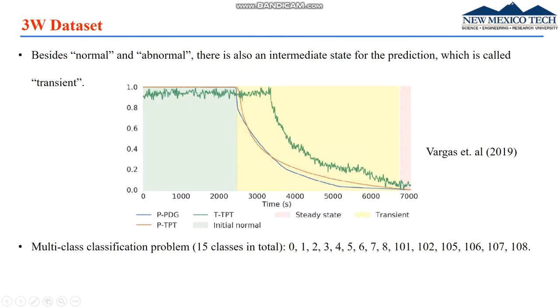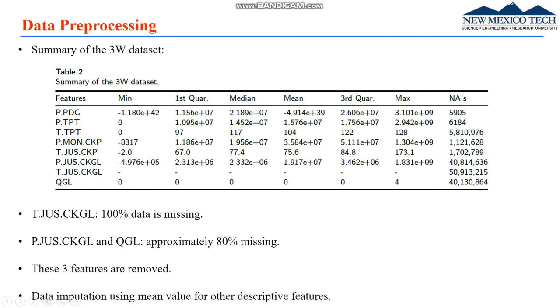But in the dataset, there are actually only 15 classes, which I listed here. The dataset does not contain 103 and 104. So in total, 15 classes.